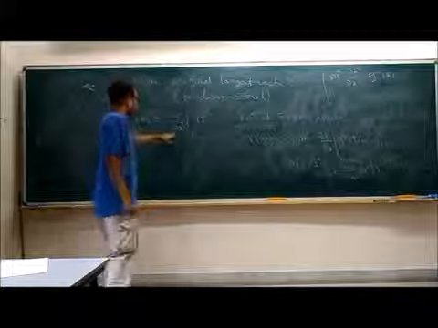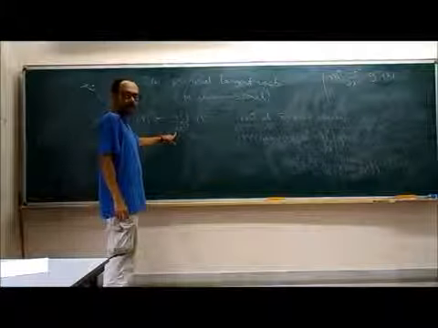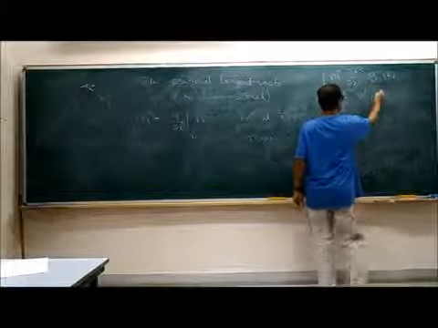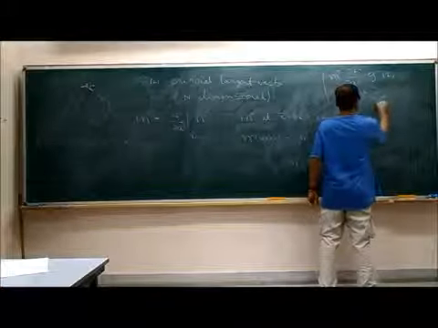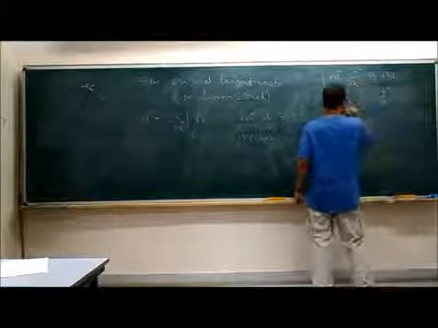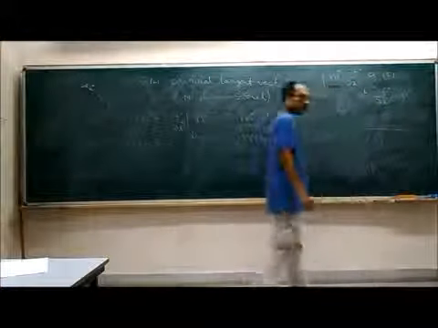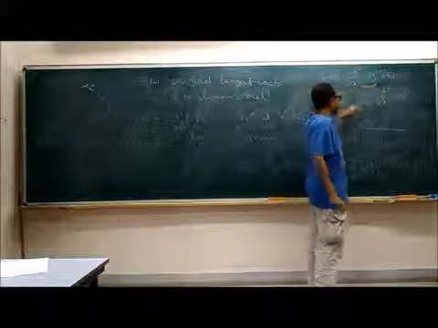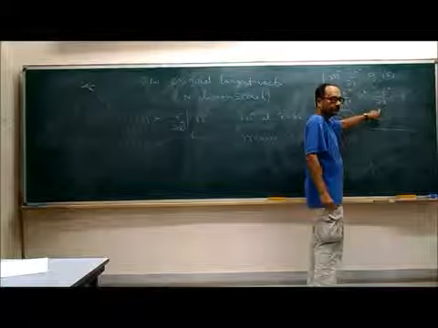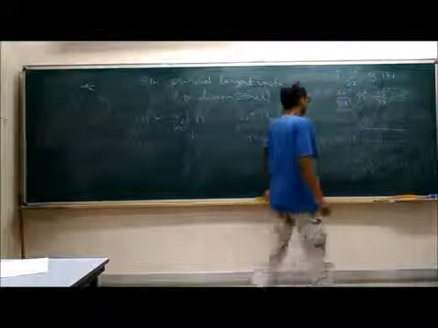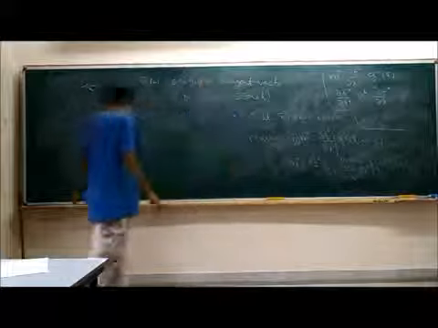But m alpha was given here: n k del f alpha del x k. So n k del f alpha del x k del f alpha del x j g i j. But del f alpha del x k del f alpha del x j is g k j. That was a metric, right?